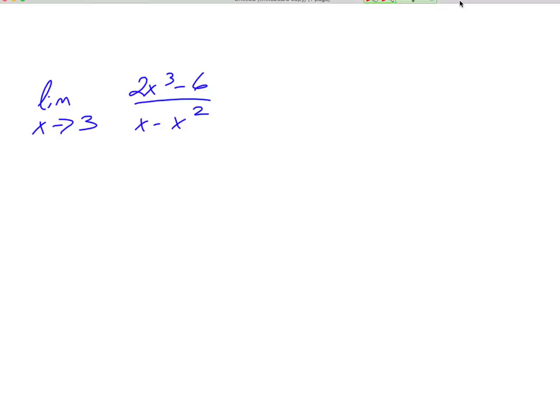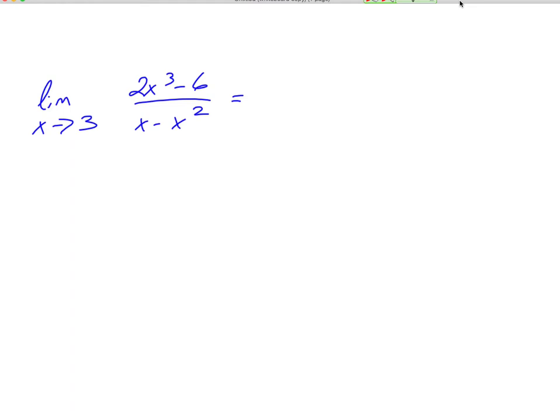Here's our first one. Read that for me, Blake. As x is approaching 3. Bobby, help me out.